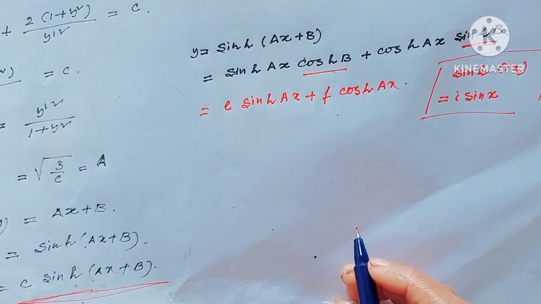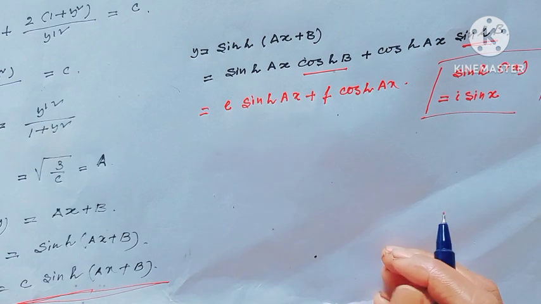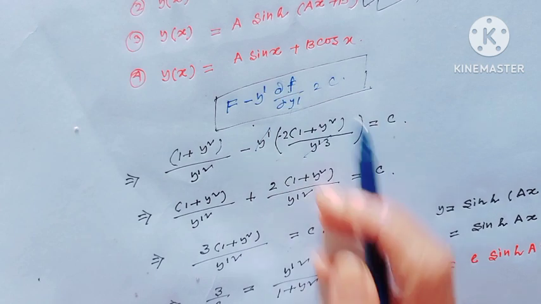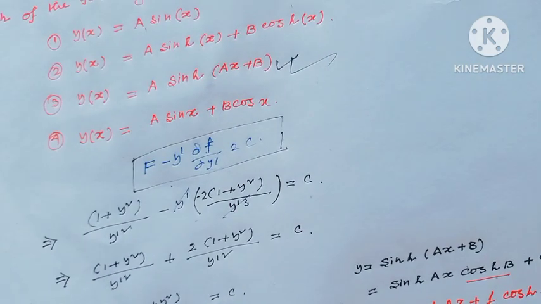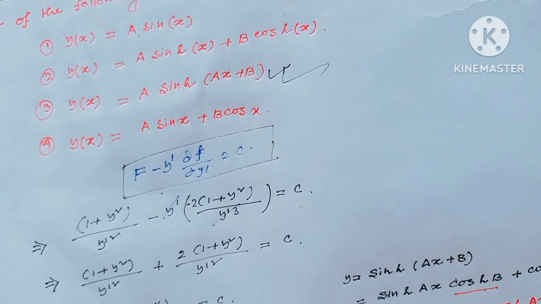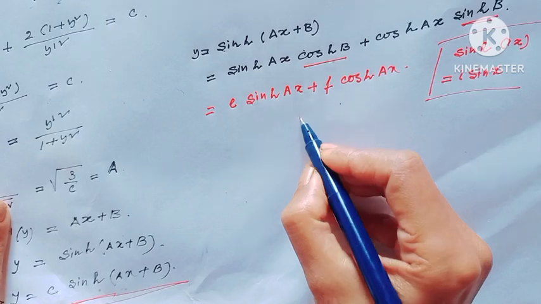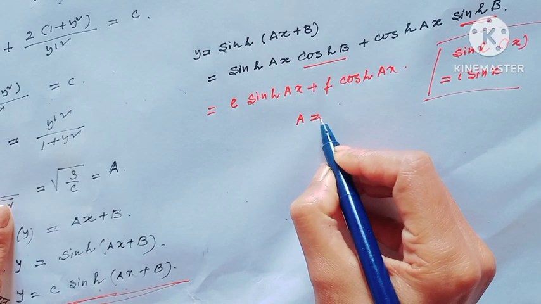Okay, and notice option 4 gives a sin x plus b cos x as the extremal of this functional. Now put a equal to 1.